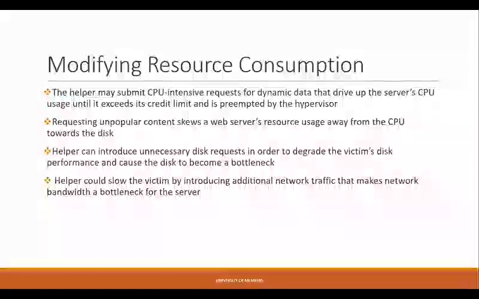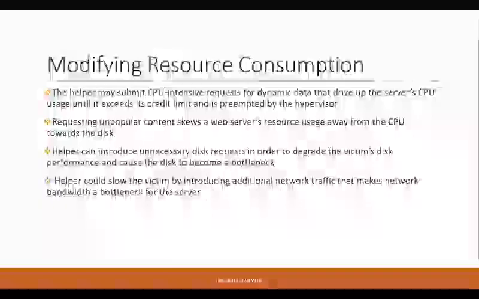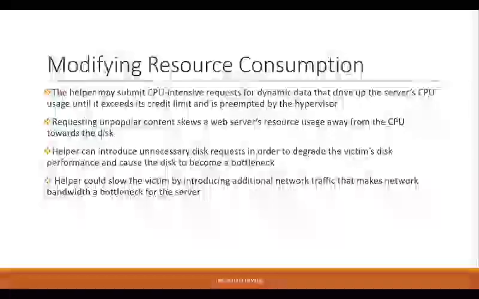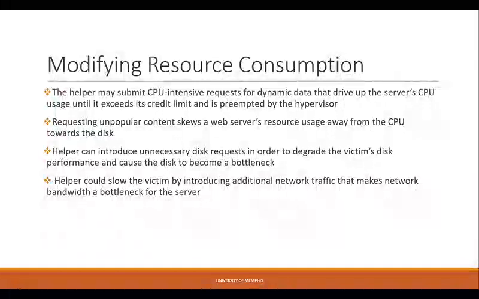Another way is for the helper to request unpopular content, which will skew the web server resource usage away from the CPU towards the disk. Also, the helper can introduce unnecessary disk requests that will degrade the victim's disk performance and cause the disk to be the bottleneck. Also, the helper could slow the victim by introducing additional network traffic that makes network bandwidth a bottleneck for the server.